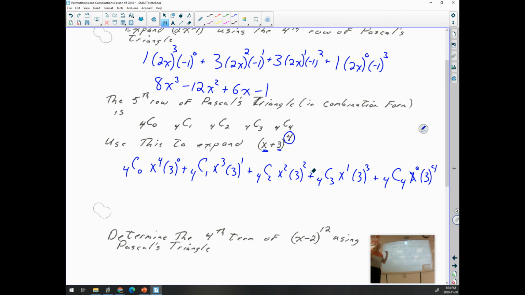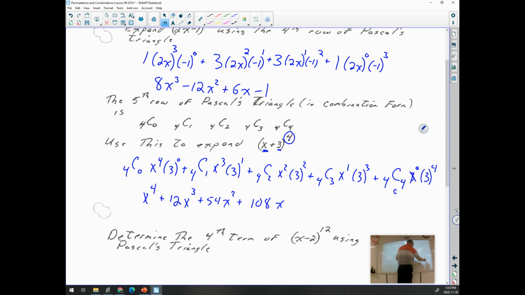Now, again, I'm using my understanding of Pascal's triangle. 4 choose 0 is 1. 3 to the 0 is 1, so my first term is just going to be x to the 4th, which makes sense because there's no number in front of that term. 4 choose 1 is 4 times 3, so we have 12x cubed. 4 choose 2 is 6 times 9, 54x squared. 4 choose 3 is 4 times 27, which is 108x, and then 3 to the power of 4.